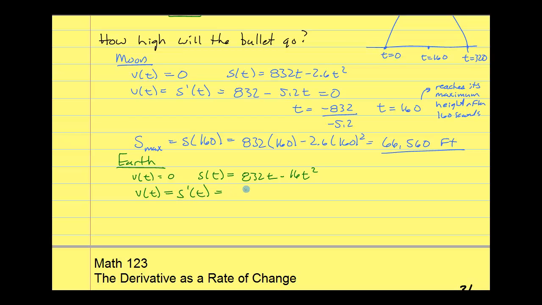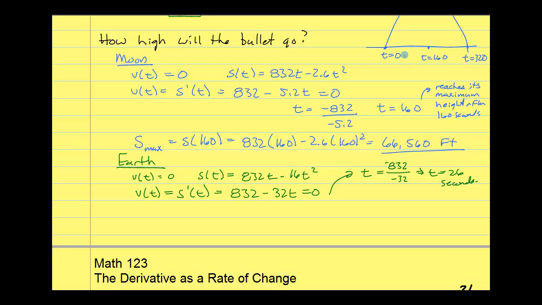Velocity is the first derivative of position, which would be 832 minus 32t. So now again I want this velocity set equal to 0. In solving, I get t equals negative 832 when I move it across, divided by negative 32, and I get t equals 26 seconds. Boy, that's a huge difference.